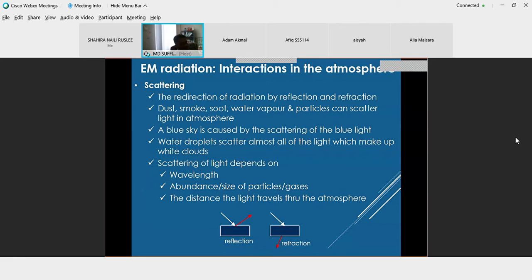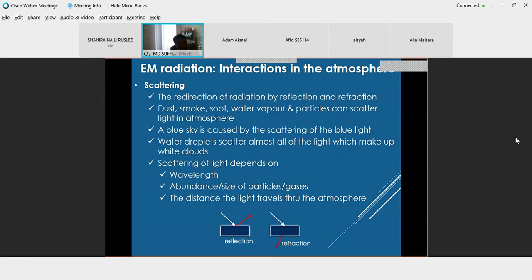So kalau partikel tu lebih besar daripada wavelength, ataupun is larger than radiation, it will scatter, dia masuk kepada Mie scattering, ataupun kita panggil sebagai non-selective scattering.